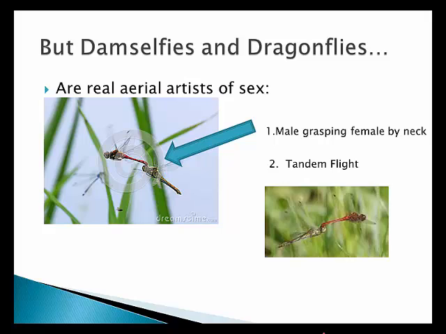So let's take dragonflies and damselflies as examples. While in flight, if he's going to engage in mating, a male dragonfly will grab the female's thorax with his legs and then continue flying while the two are attached.